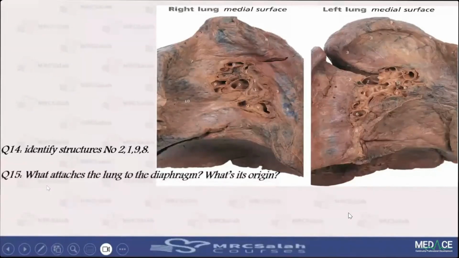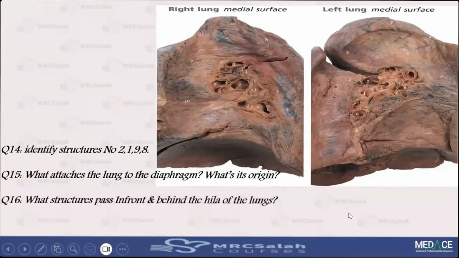Brilliant. What attaches the lung to the diaphragm? The diaphragmatic pleura, in the form of the pulmonary ligament. So the origin of the pulmonary ligament is the diaphragmatic pleura. Okay.